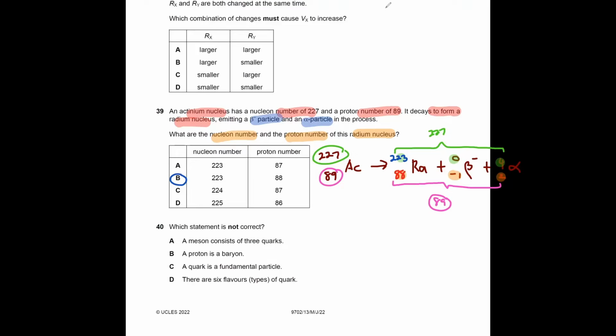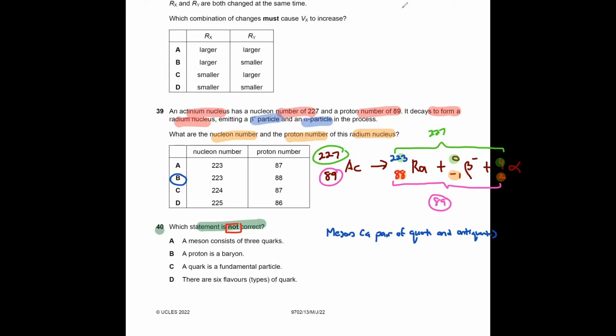Okay, then last question, question 40. Question 40, which statement is not correct? Find the incorrect statement. Now this one is talking about mesons and baryons and whatnot. So let's just review some of the things that we have learned. When you're talking about meson, it is just a pair of quark and anti-quark.